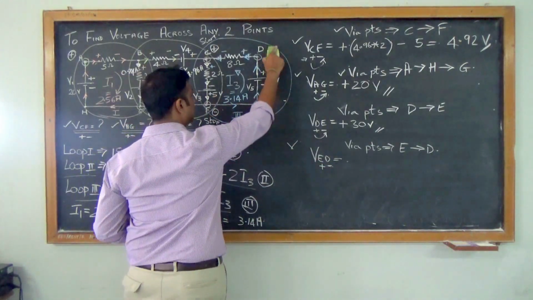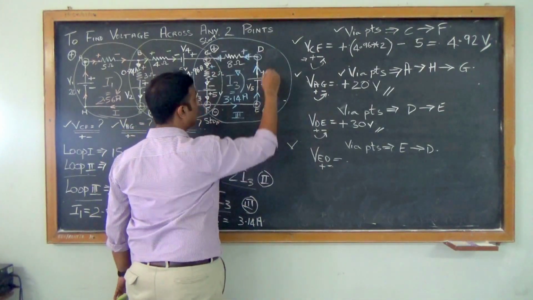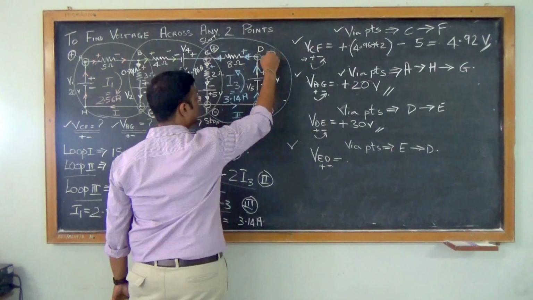Applying the same logic here, E will be positive right now and D will be negative.